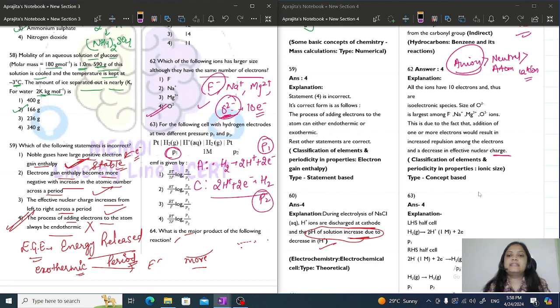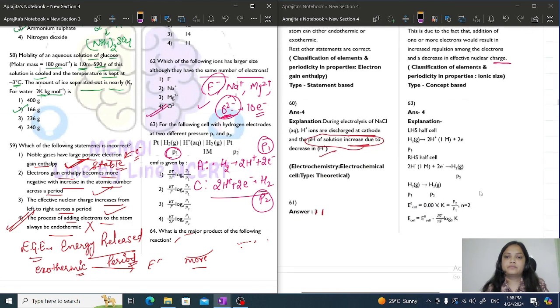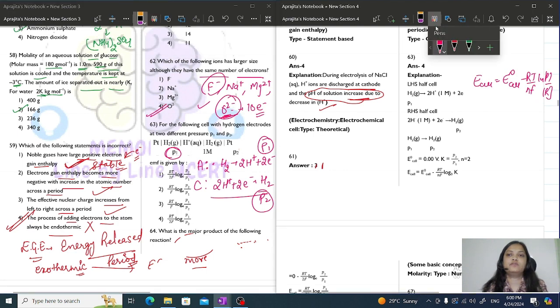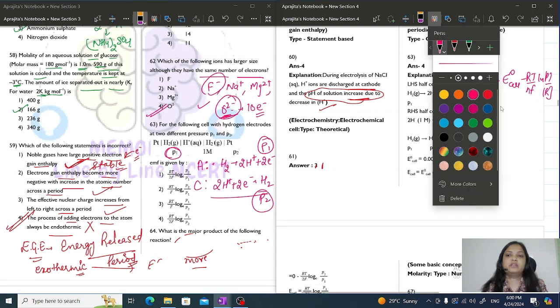So E cell here is E naught cell minus RT upon nF log of product upon reactant. This is how we write it. For E naught cell, since hydrogen is taken as the standard, E naught cell would be 0.